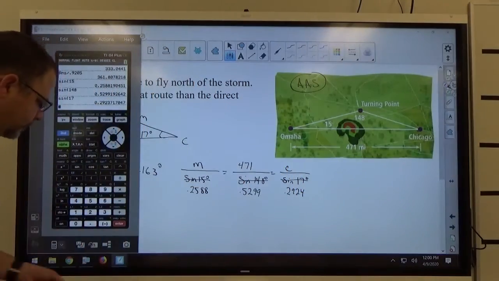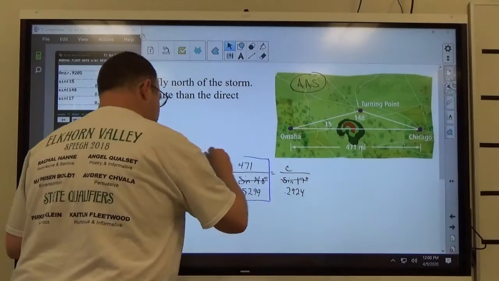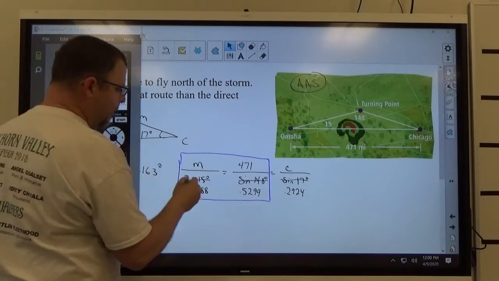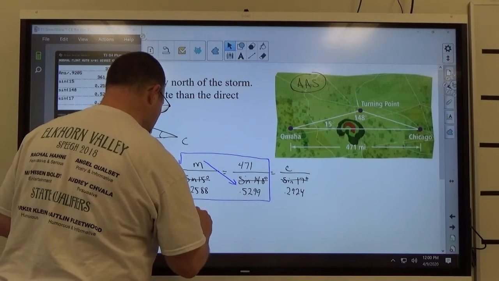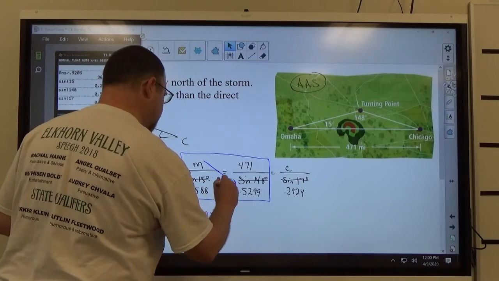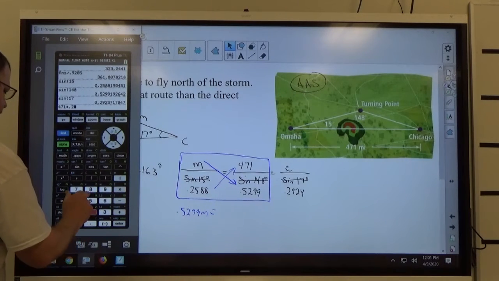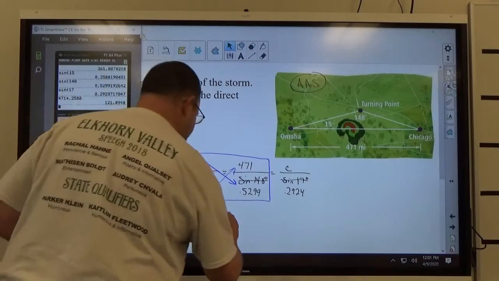So this proportion allows me to find m, and m is the distance from turning point to Chicago. 0.5299 m equals 471 times 0.2588, which is 121.8948.